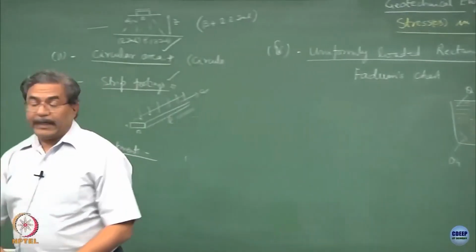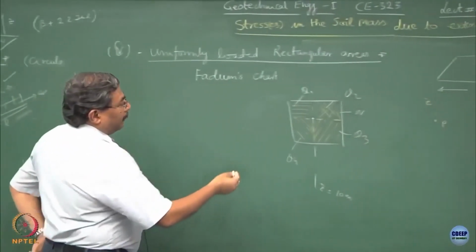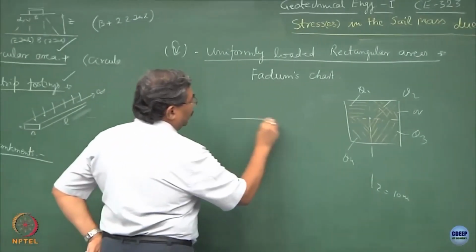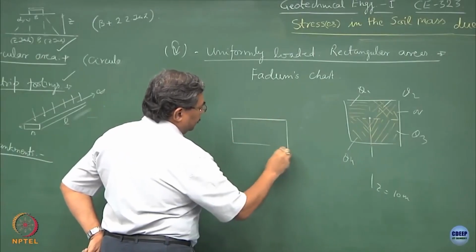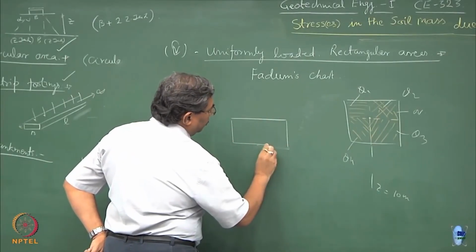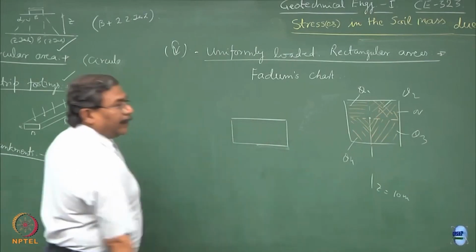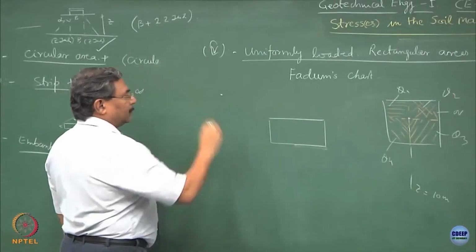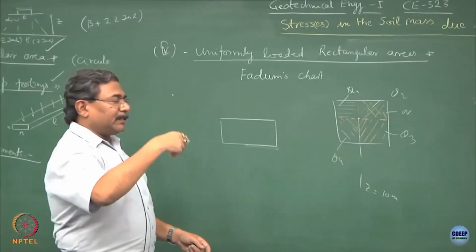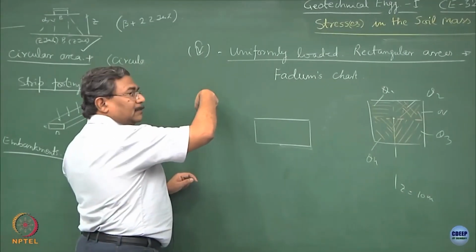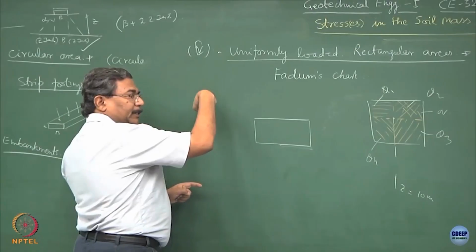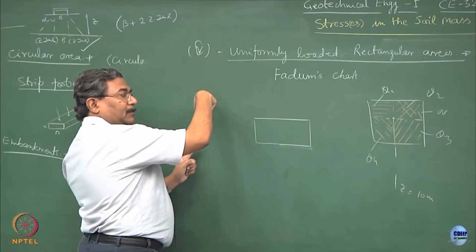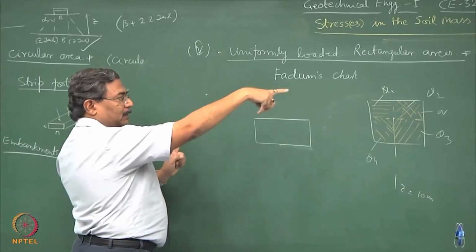Suppose I say this is the loaded area, this is a foundation, and I want you to find out the state of stress at this point. Please remember, when I say state of stress at this point, it means in the z direction at a certain depth, clear. How will you use this concept now?